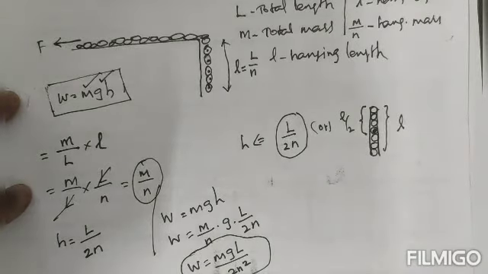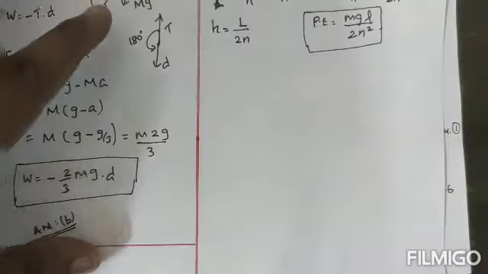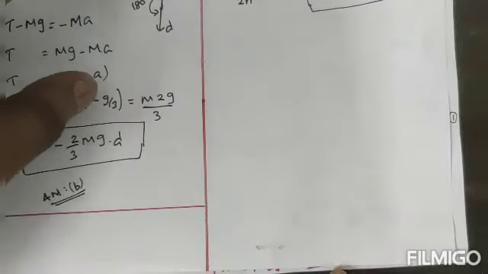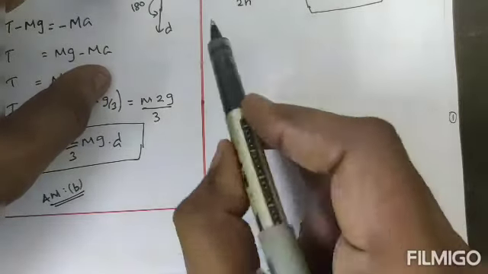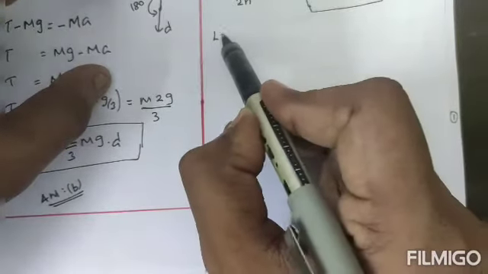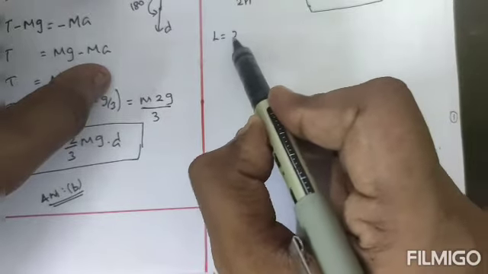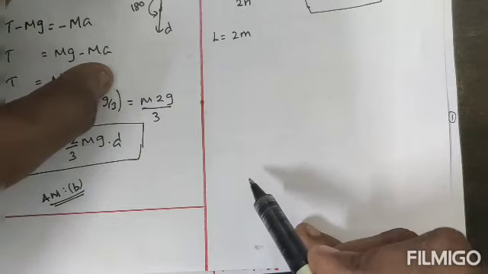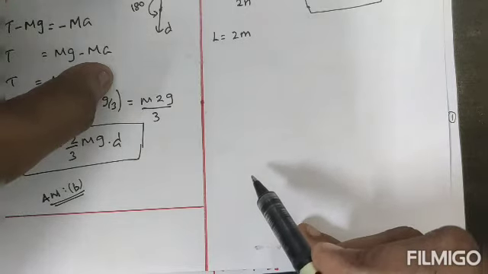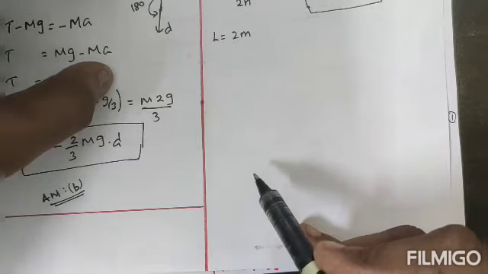By using this formula we are going to solve this problem. Now I'll read the question one more time. A uniform chain of length, capital L is given, L is equal to 2 meter, is kept on the table. A length of 60 centimeter is hanging freely from the edge of the table.